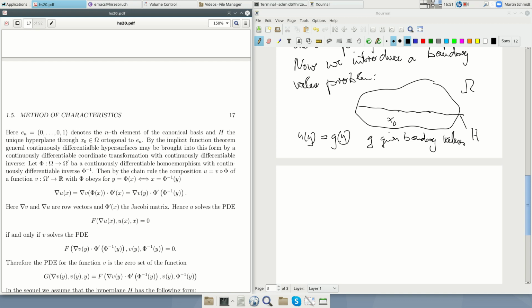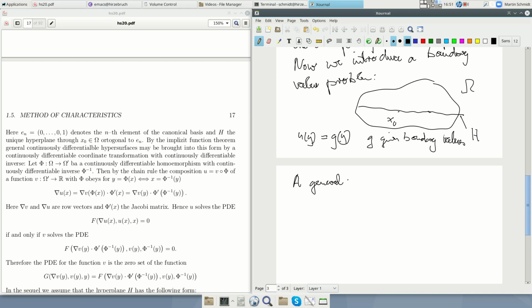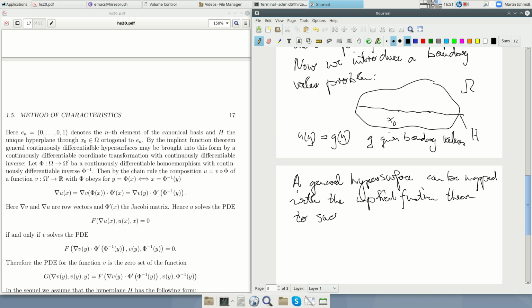Now, what we do in general: a general hypersurface can be mapped, with the implicit function theorem, to such a flat plane by a C1 diffeomorphism, or more generally a diffeomorphism.